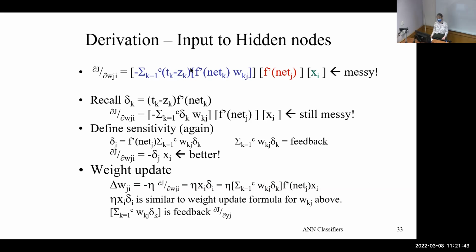Take these two terms here. We can replace these two terms. These two terms become your delta K.